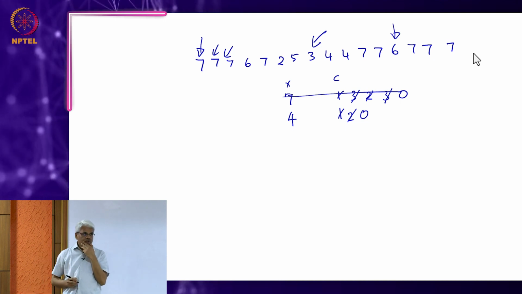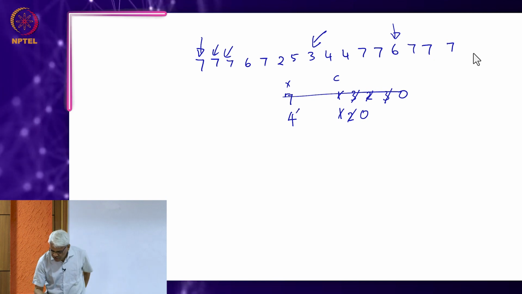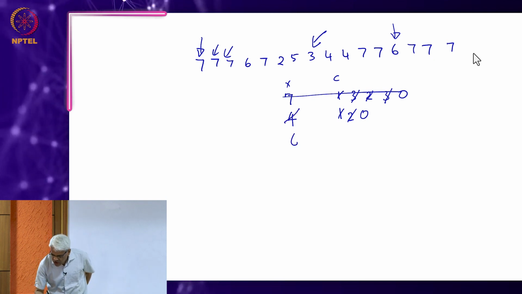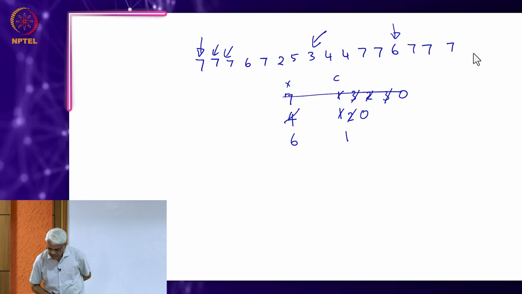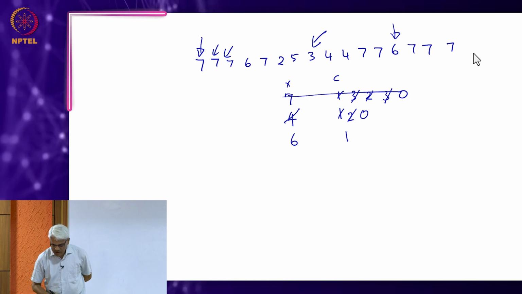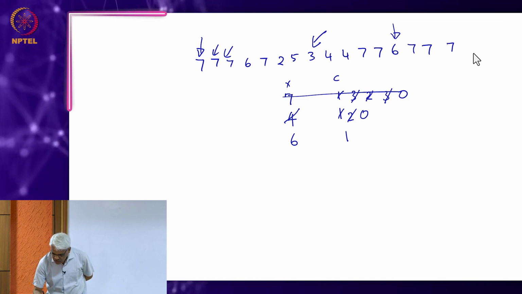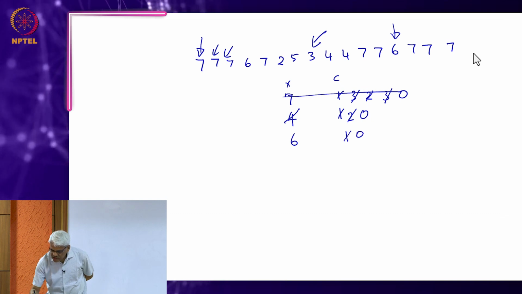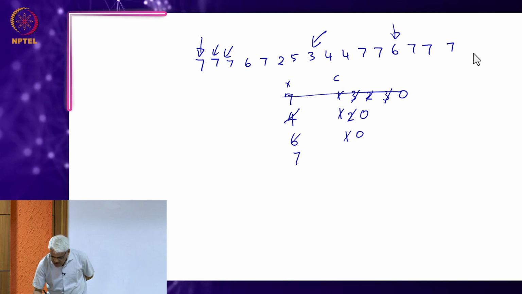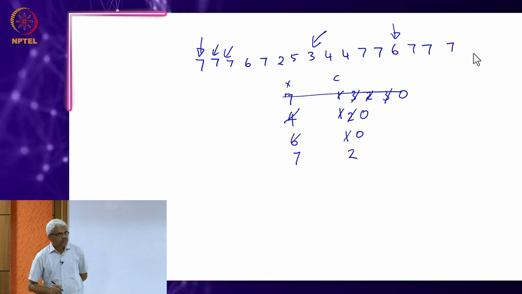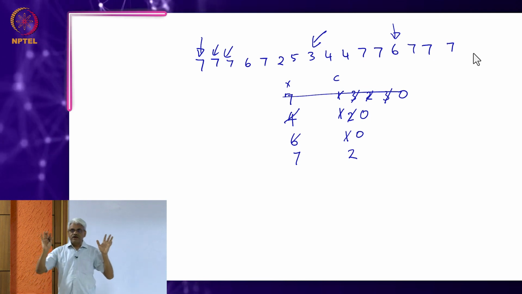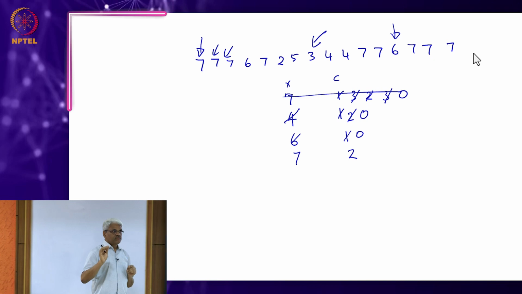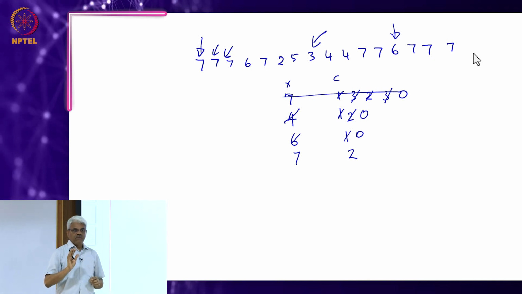The counter has become 0, so now I have to throw out this 4. I bring in 6 with the counter of 1. Then comes 7, which will bring this to 0. And the next two 7s, so I'm going to have 7 with the counter of 2. Is that clear? Should I go over it again? Somebody said yes.